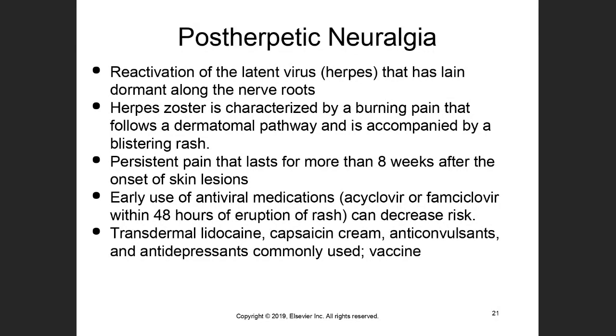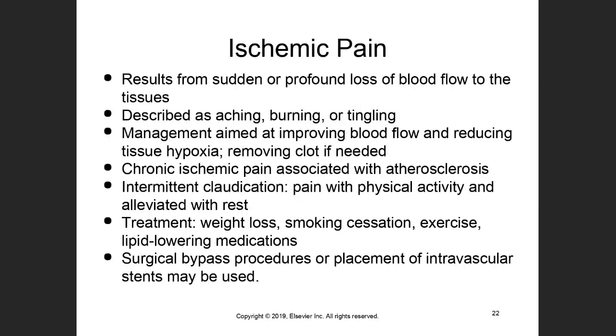Patients have persistent pain that lasts for more than a week after the onset of skin lesions. Early use of antiviral medication, acyclovir, can decrease the risk of recurrence. Treatment includes transdermal lidocaine, capsaicin cream, anticonvulsants, and other medications.